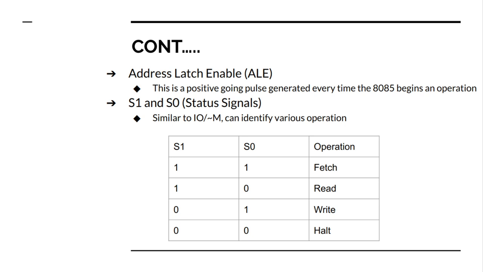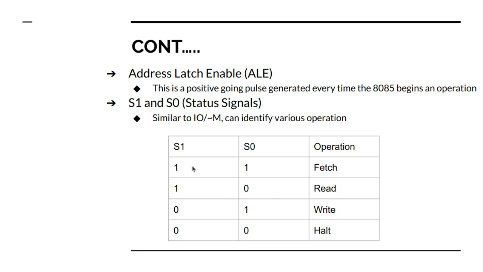S1 and S0 are status signals similar to IO/M bar and can identify various operations. As you can see here, when S1 is 1 and S0 is 0, it is a read operation. When S1 is 0 and S0 is 1, it is a write operation.